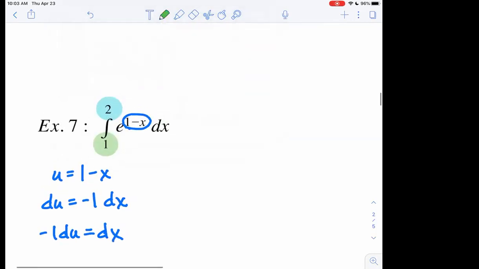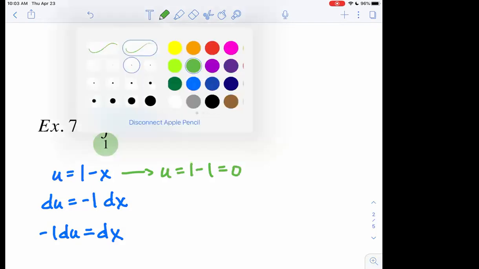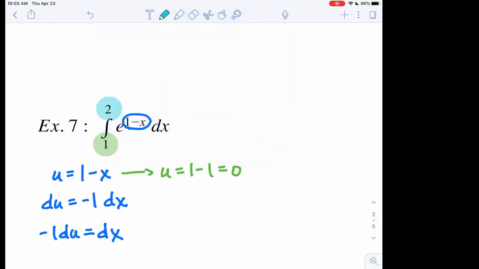And then I'm going to go ahead and find my lower number if it were a u. So u would equal 1 minus 1, which means my bottom bound will be 0. And u equals 1 minus 2, which means my top bound will be -1.